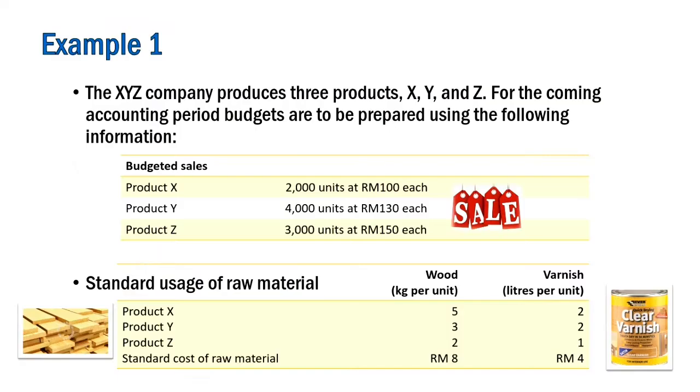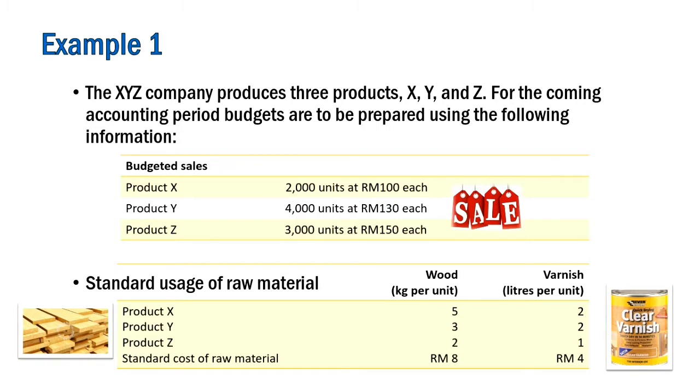Right, example 1. Let's go through the questions. The XYZ company produced 3 products, X, Y, and Z. For the coming accounting period, budgets are to be prepared using the following information.